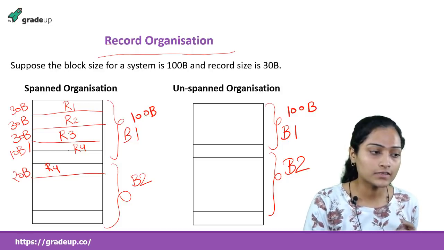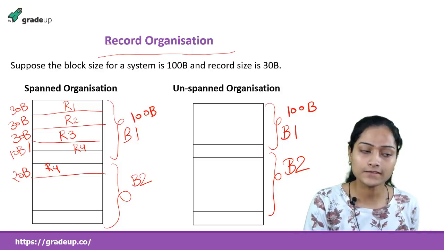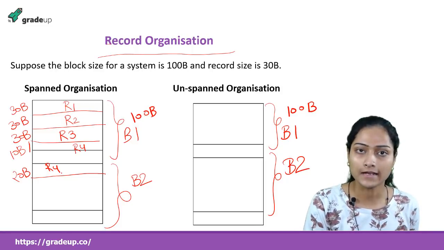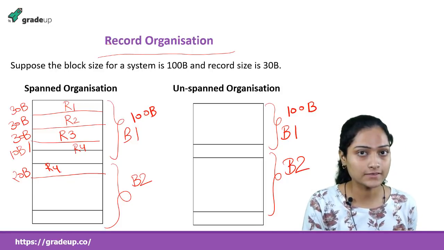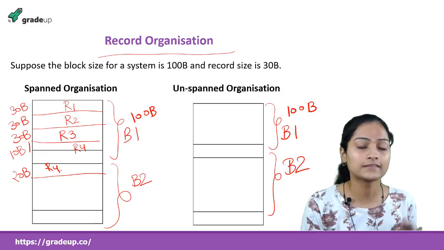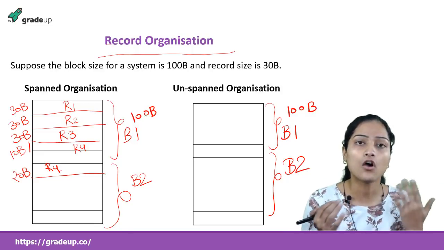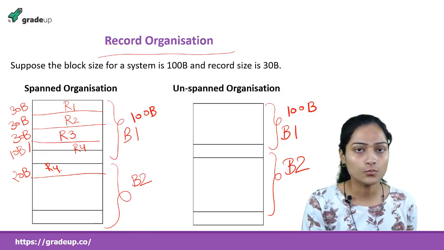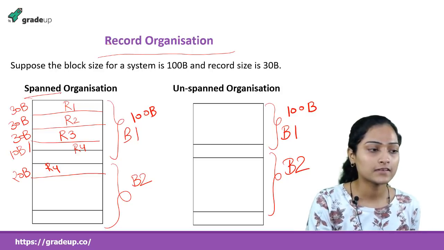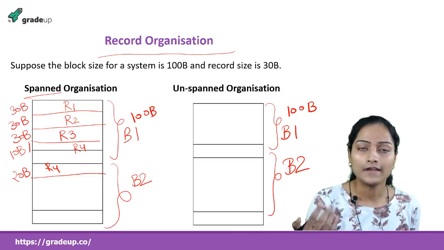I have stored 10 bytes of R4 in the first block and 20 bytes in the second block. So my record is spanned, that is, it is distributed or divided into 2 blocks. Spanned means distributed, divided.